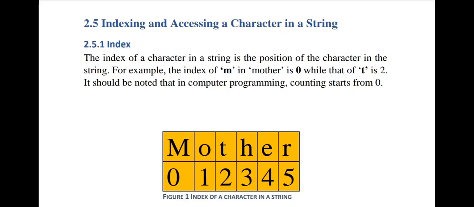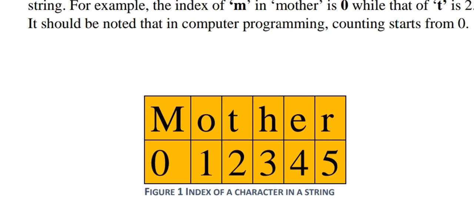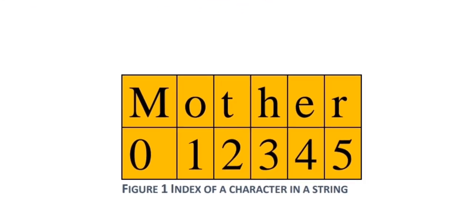Indexing and accessing a character in a string is a technique by which we return or access an individual character out of strings. If you can recall, we know that a string contains a sequence of characters, and in this sequence of characters, there can be a need to access an individual character.